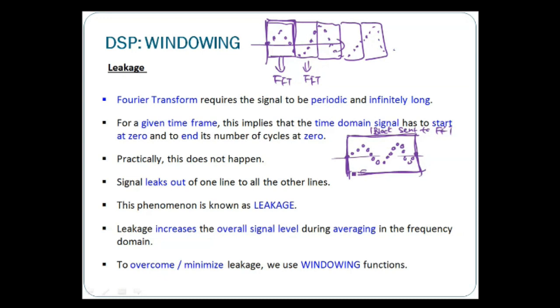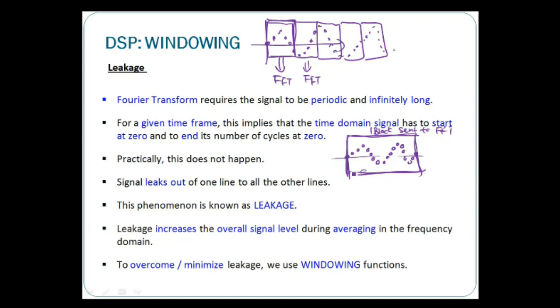You have to wait maybe 5 minutes, 10 minutes, or 20 minutes just to get one block, and then process the FFT. So it is very difficult to avoid when you are transforming time to frequency through FFTs. Leakage will usually happen.